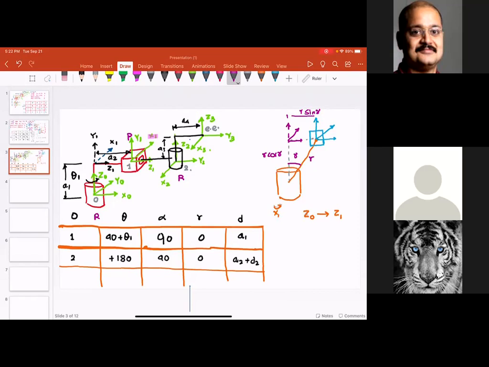Shouldn't alpha? Okay. Since there is alpha 2 is not. Let me write that down. Okay. So alpha is the rotation about x2 so that z2 gets aligned with z1.